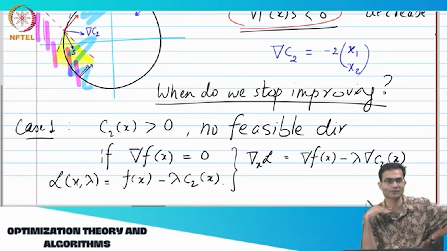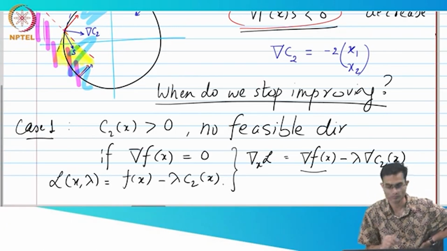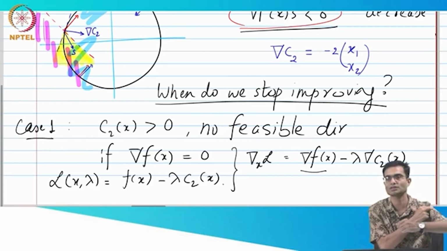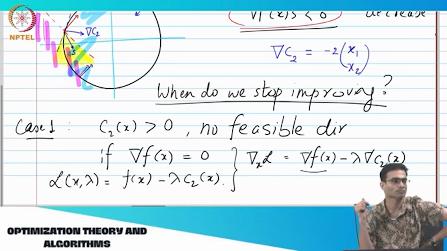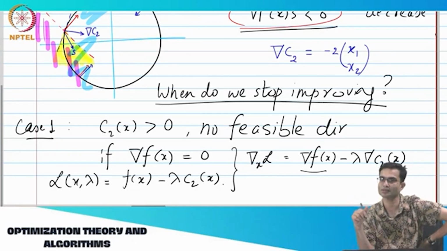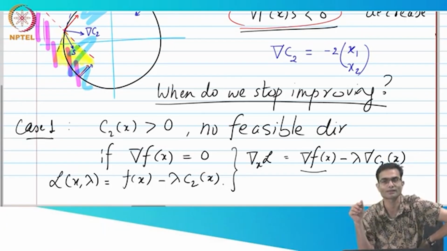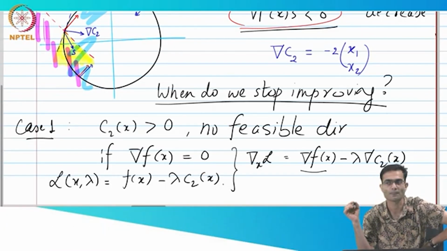It doesn't seem like it will work, because it's only setting one term to 0, which is the first term. In case 1, grad f equal to 0 means I cannot improve anymore. So that's a signature for a stationary point. What else can I do? Can I impose one additional condition so that grad L equal to 0 still captures the case?